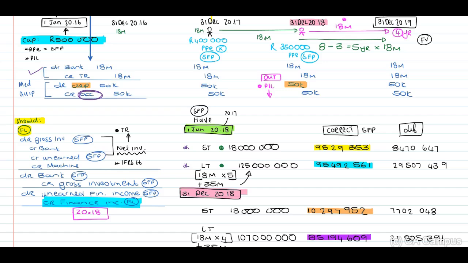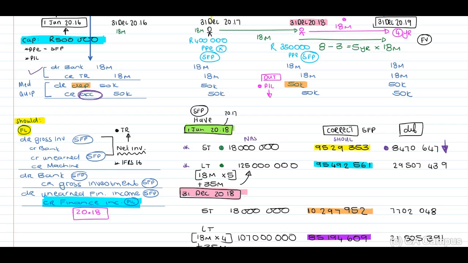Therefore, when we look at our 1 January 20.18 details, the difference is our short-term portion will decrease. Look at this. Why? Because it was 18 million. It should be the 9,5. Therefore, there's a decrease in our short-term portion.